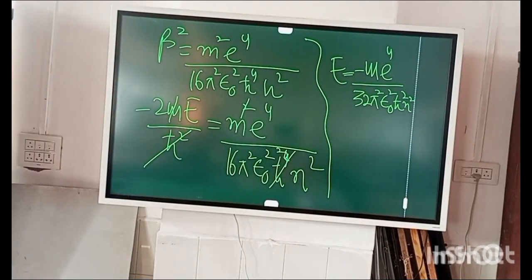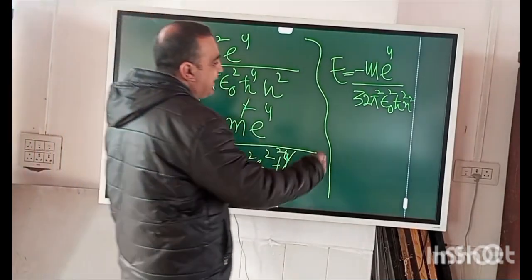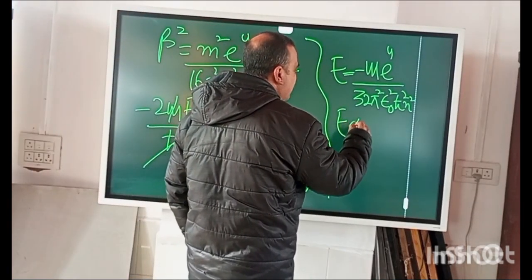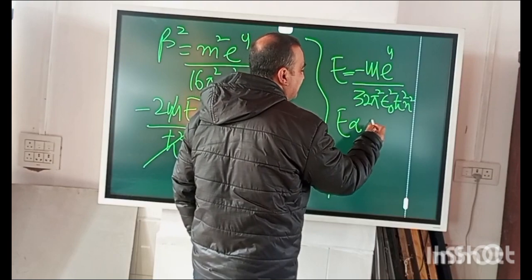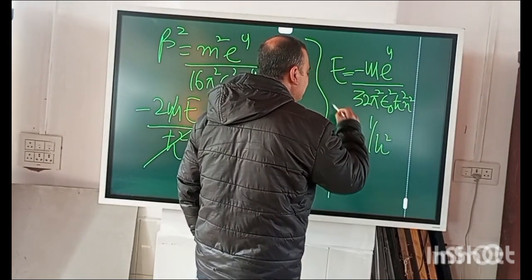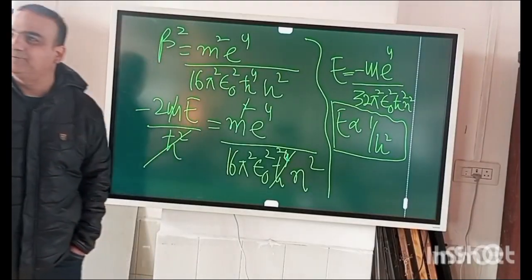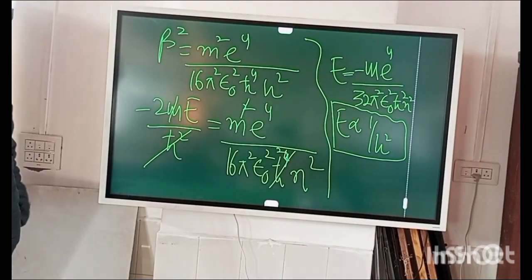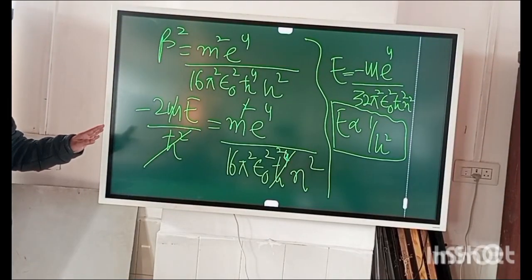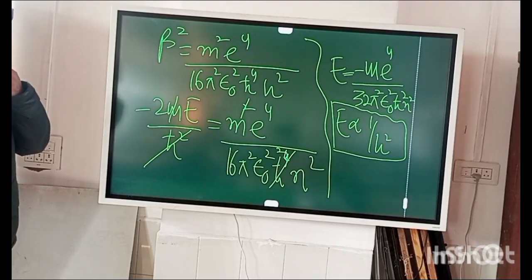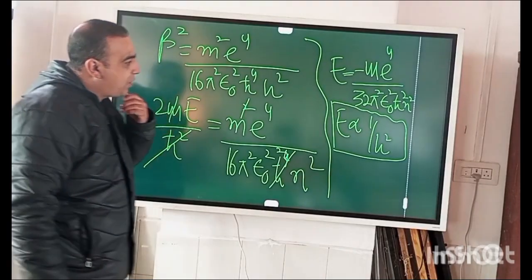You can say that this E is inversely proportional to the square of n, which gives the energy levels of the hydrogen atom. This is where we achieve the quantization of energy in the hydrogen atom problem.